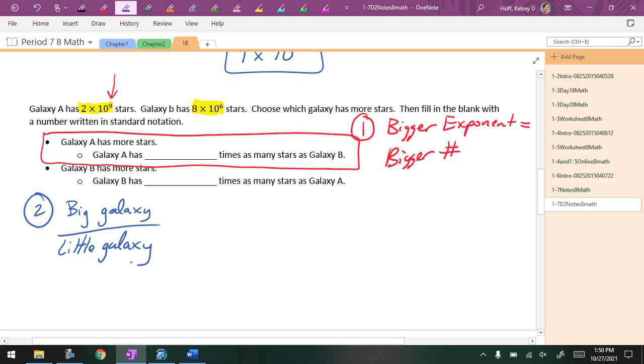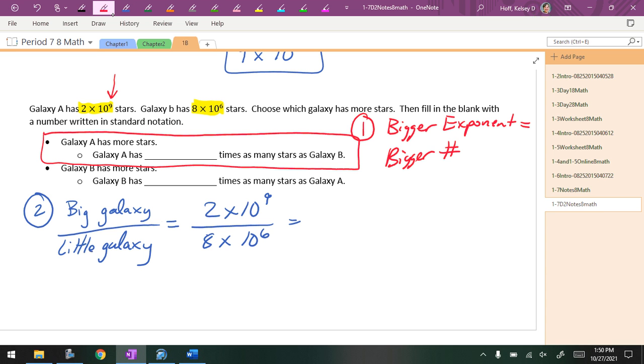What scientific notation represents our big galaxy? 2 times 10 to the 9th. And what represents my little galaxy? 8 times 10 to the 6th. So we split them apart. 2 divided by 8. 10 to the 9th divided by 10 to the 6th.